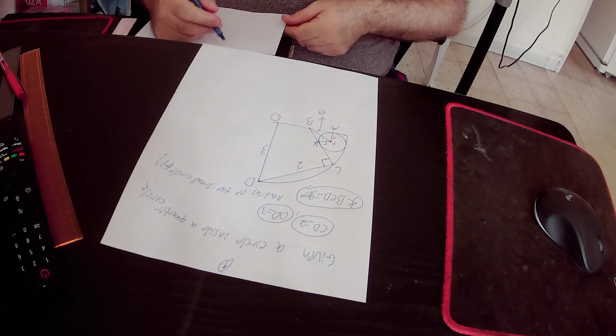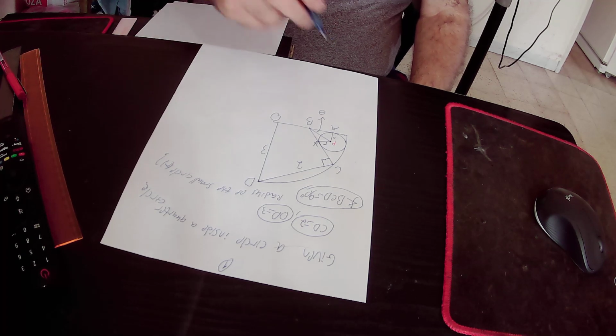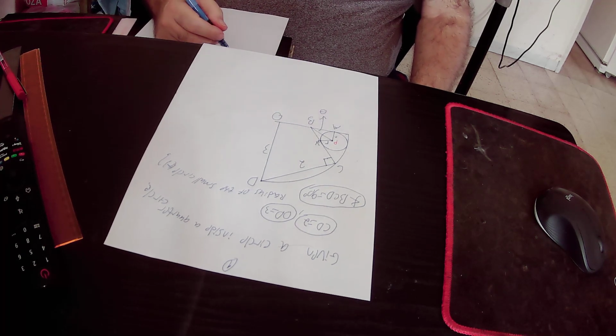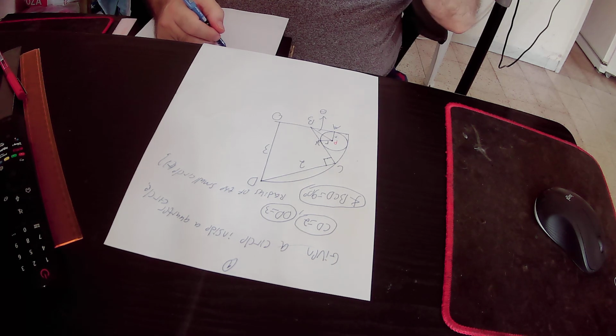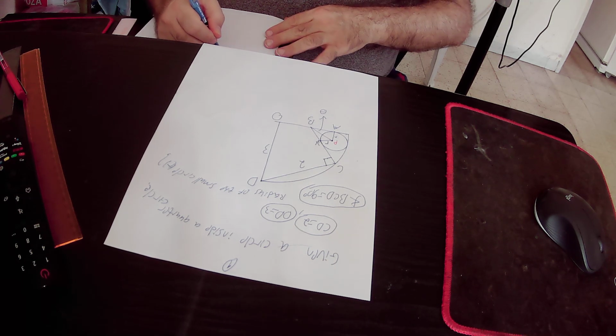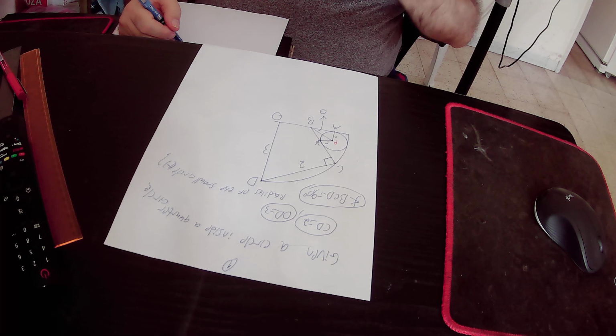Okay, so first of all we will focus on two triangles: triangle APB and triangle PBX.